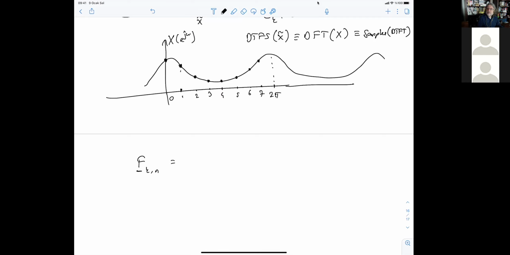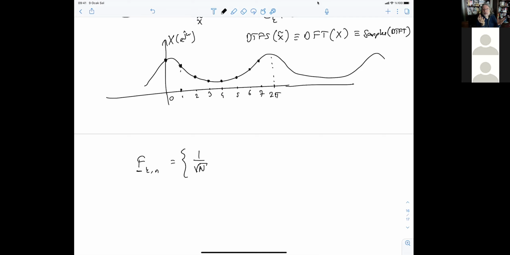The discrete Fourier transform can be obtained by multiplying your vector with a matrix, and that matrix is essentially this, with 1 over square root of capital N. This is an orthonormal DFT. In MATLAB, for example, it doesn't do it this way. It uses the DFT without this 1 over square root of N. So it's not orthonormal, but it's orthogonal.